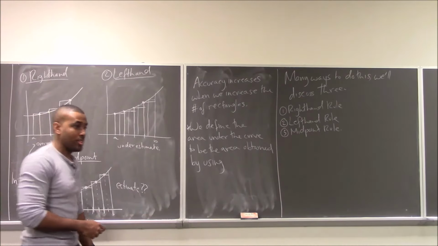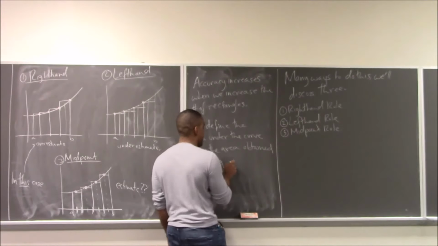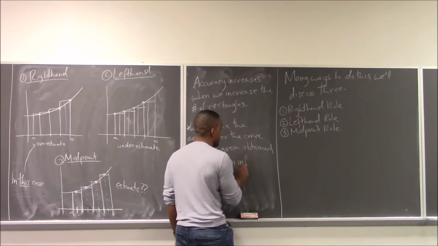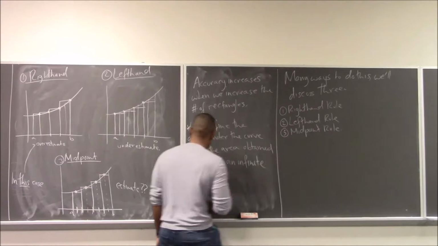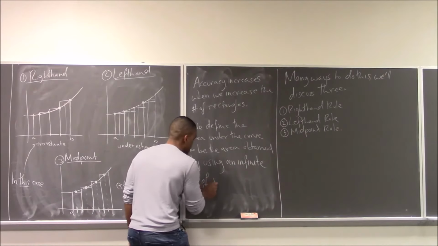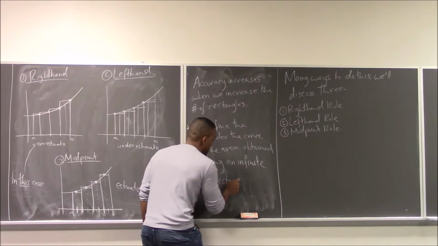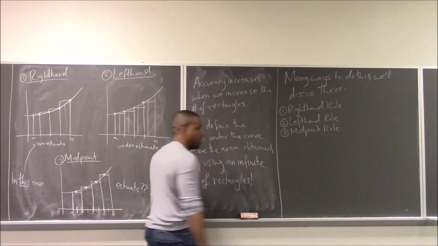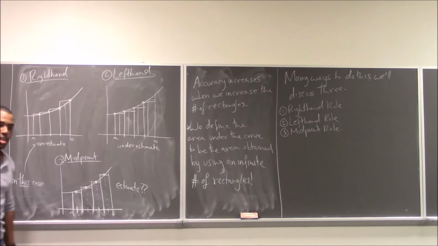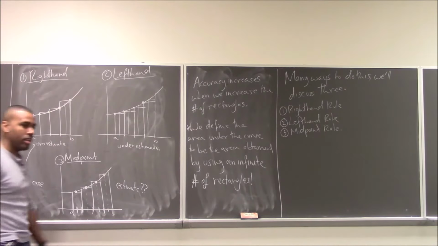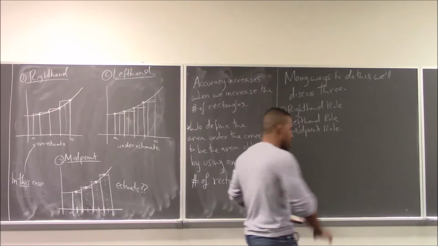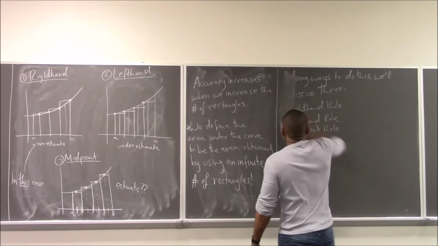A lot. An infinite number of rectangles. This allows us to fill in all the gaps, and we can get a precise area. Because if there's a gap, throw in more rectangles, and you have an infinite amount to throw in, so you can fill in all the gaps and find the exact area.